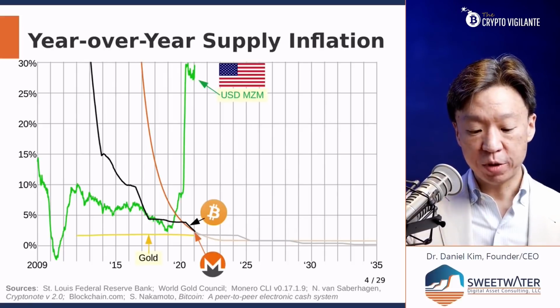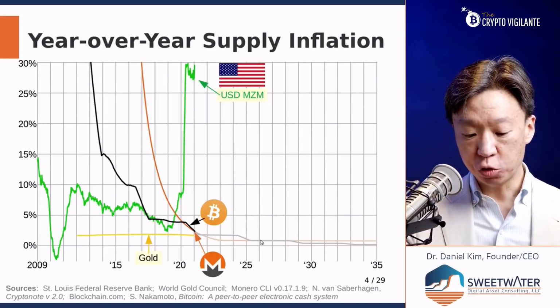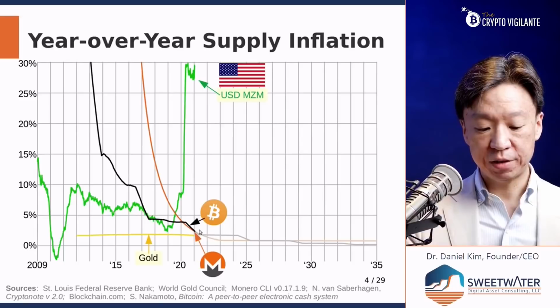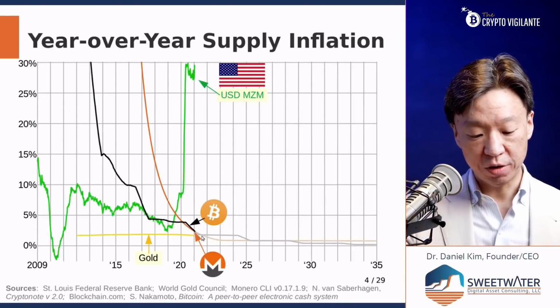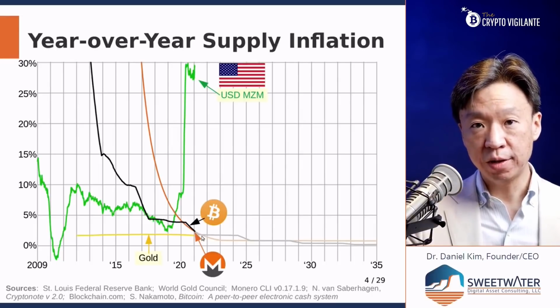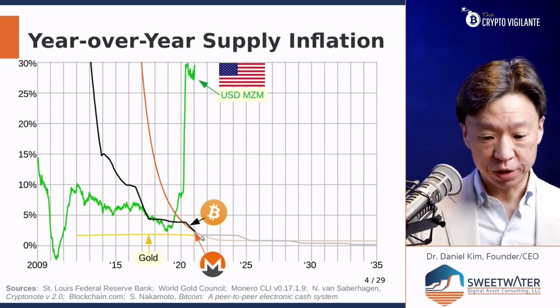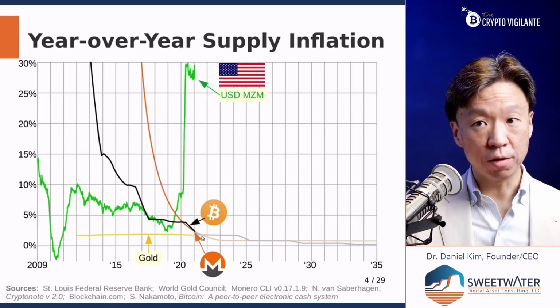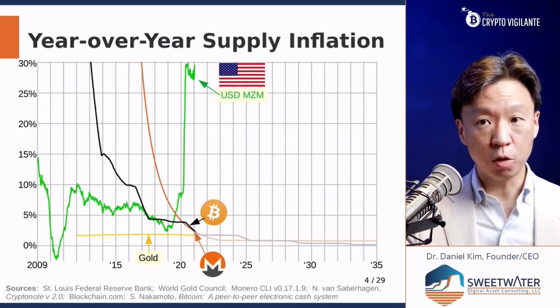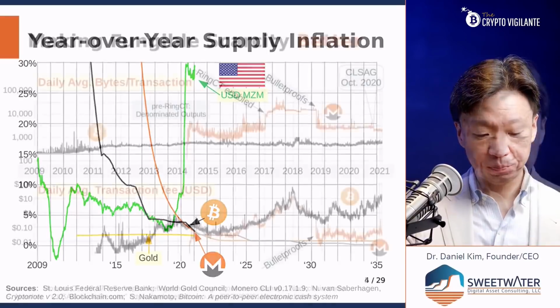So Bitcoin computers have programmed into them this future inflation curve, and the same with Monero. And you can see that we're coming on this inflection point here. In mid-2021, the rate of year-over-year supply inflation is going to cross that of gold and go lower than that of gold, and it will remain lower than that of gold forever.